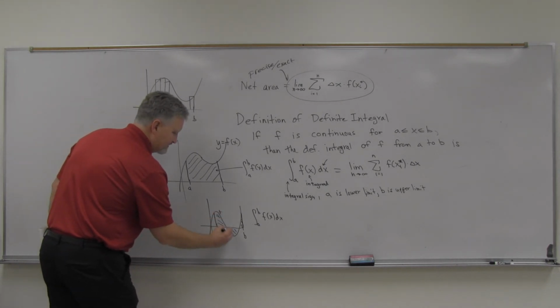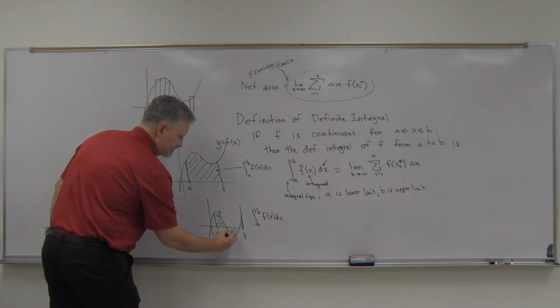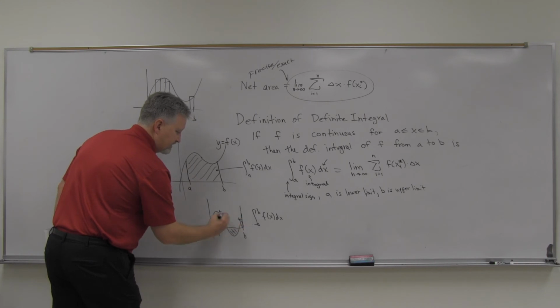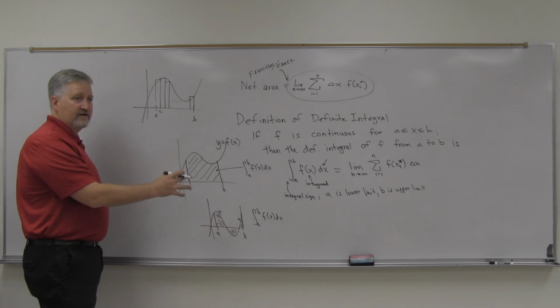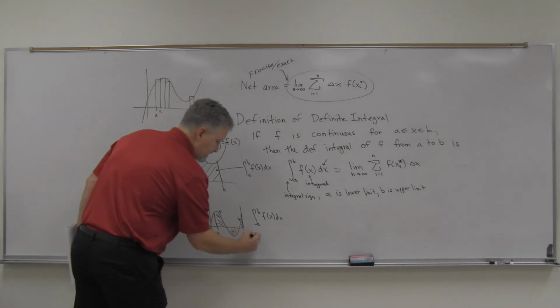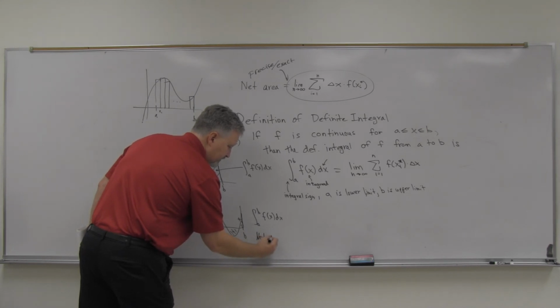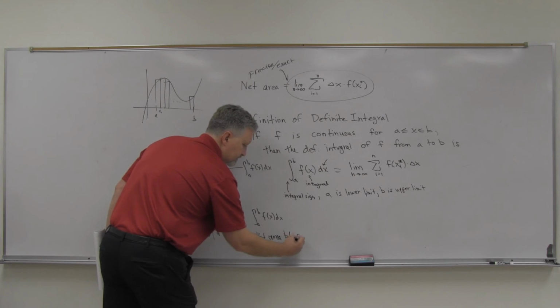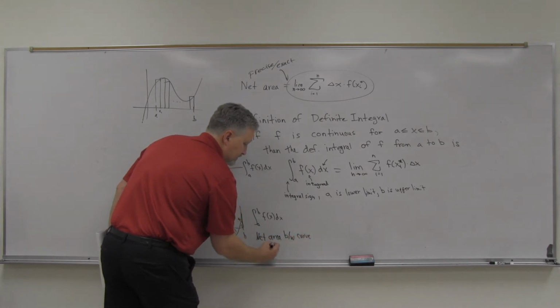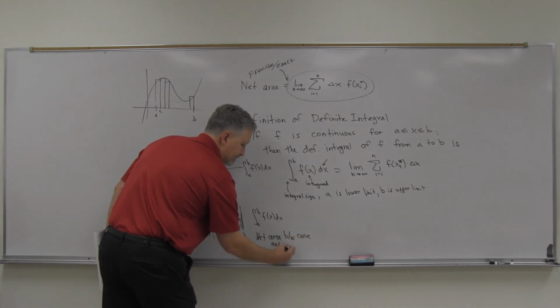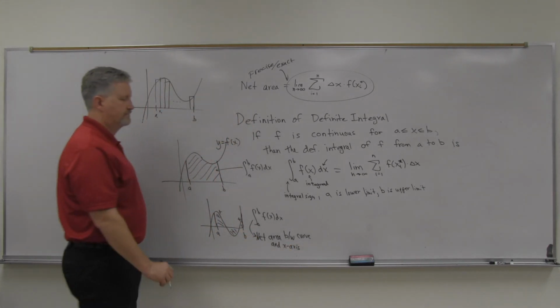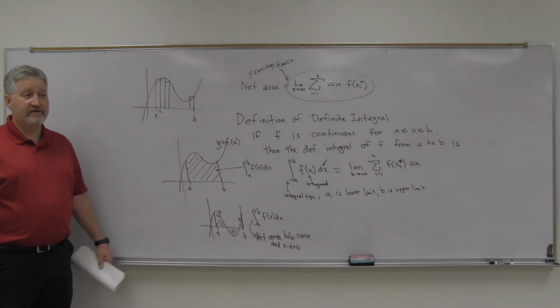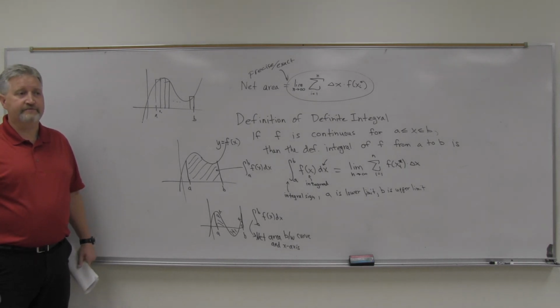So you got a positive, and then a negative, and then some more positive area. So you're adding some, you're subtracting some. So again, it's a net area between the curve and the x-axis. That's what the integral represents.